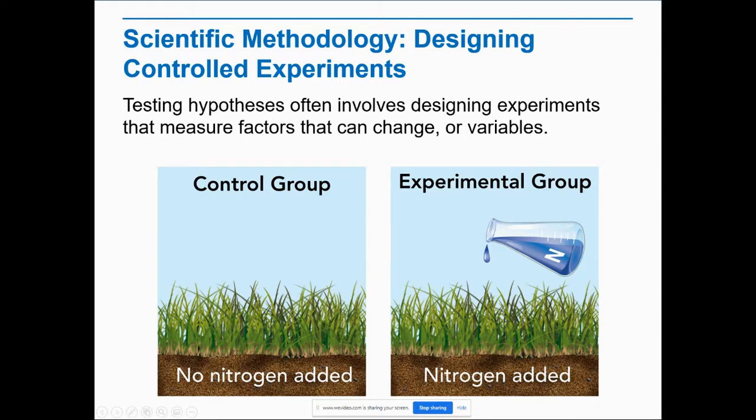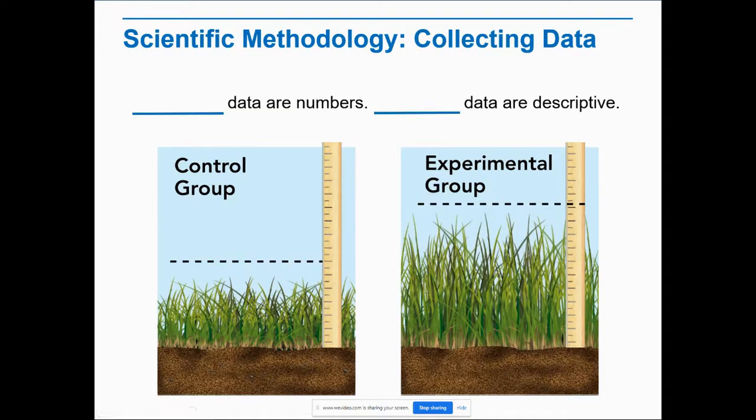All right, so if we take a look at what happens afterwards, after we've changed our independent variable in the experimental group, we then observe what happens. And this is when we begin to do the next step in the scientific method, and that is collecting data. So there are two kinds of data: data that can be measured in number form, and data based on observations.